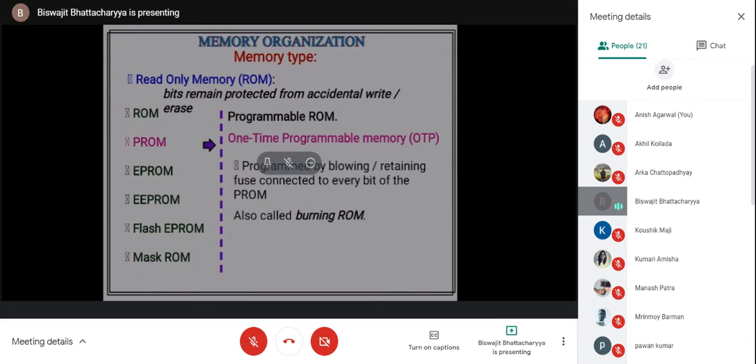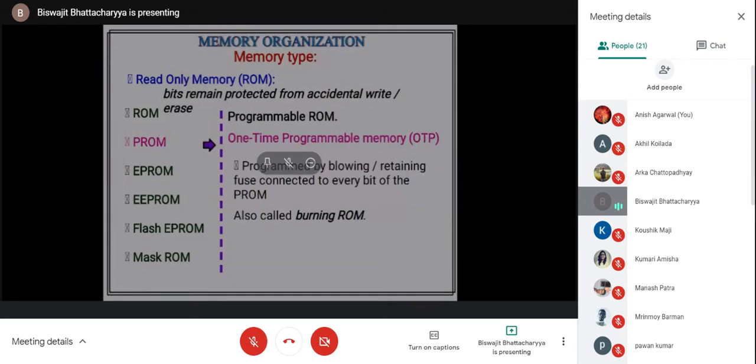For programmable ROM or programmable read-only memory, normally these are one-time programmable memory, OTP. OTP does not mean here one-time password. It is one-time programmable memory. Here, each memory bit is protected normally by a fuse.